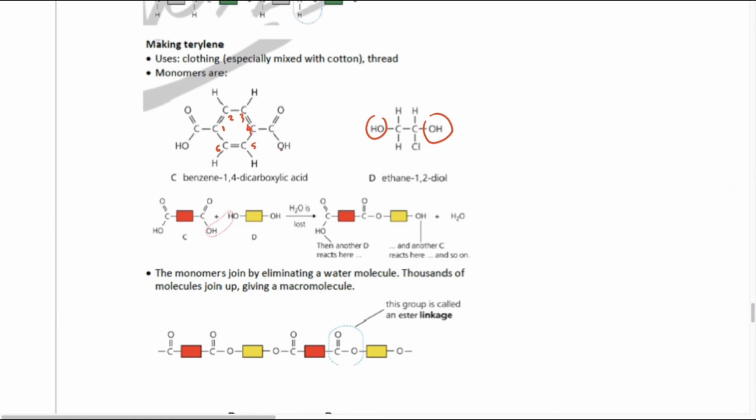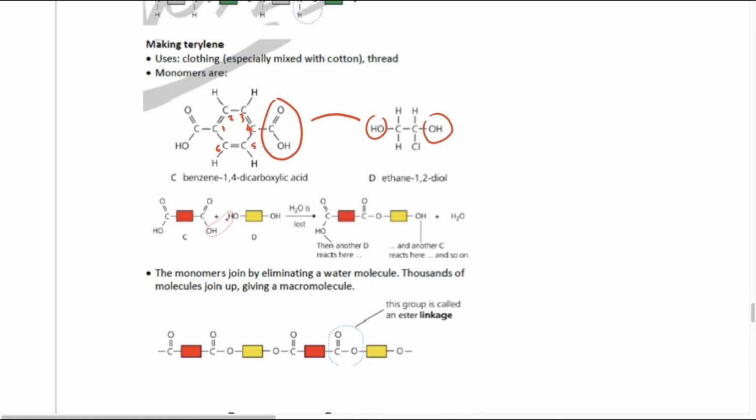What happens is the OH and the carboxylic acid react through esterification that we learned just now. They form ester. The carboxylic acid removes OH, the alcohol removes H, then they remove H2O.